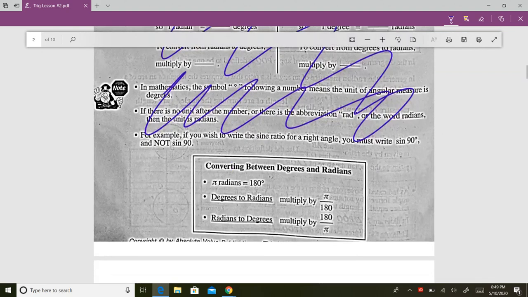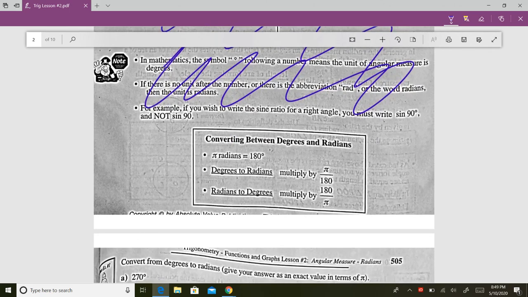I'm going to do it off to the side here. So know this. You need to commit these to memory. 360 degrees is 2 pi. 180 degrees is pi.